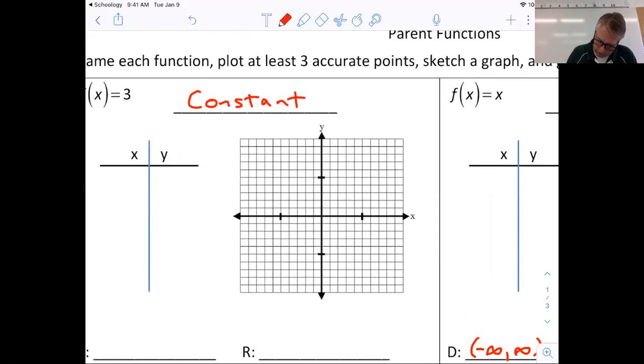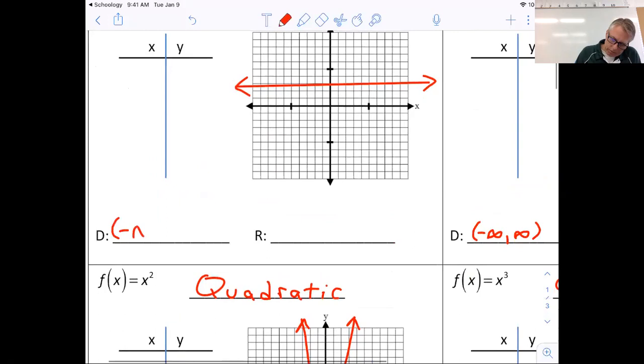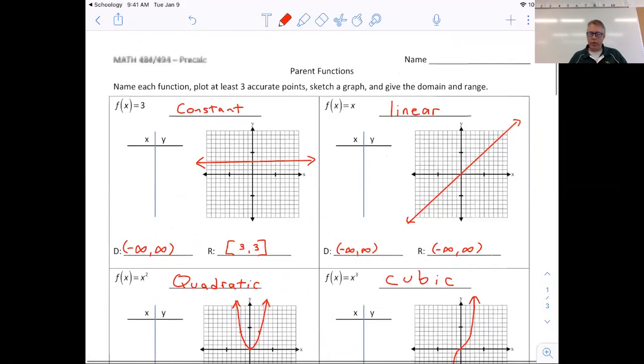So it's just a horizontal line at whatever the number is, in this case 3. Our domain is all real numbers from -infinity to infinity. And our range is just the number 3.